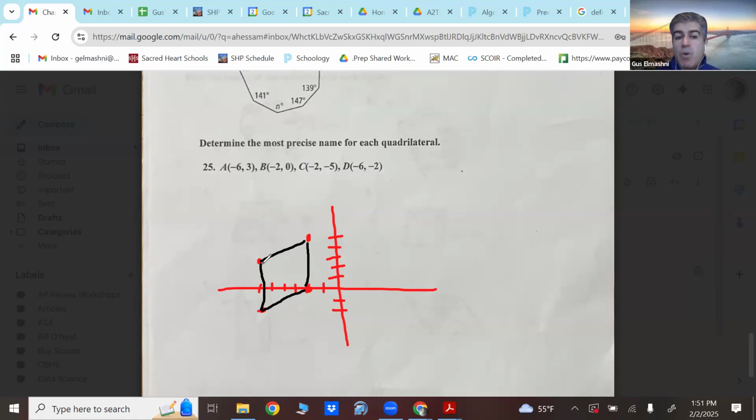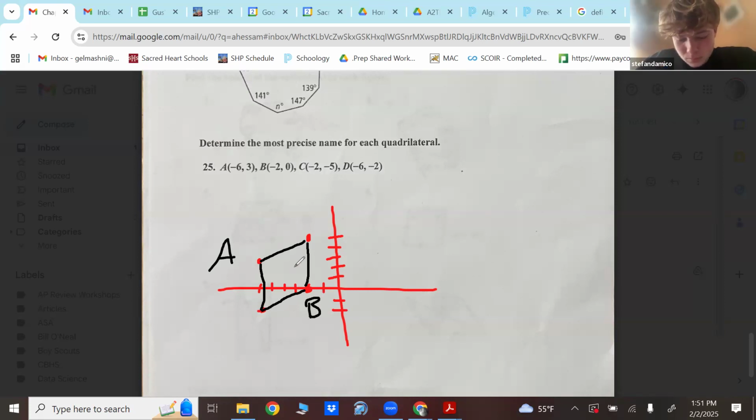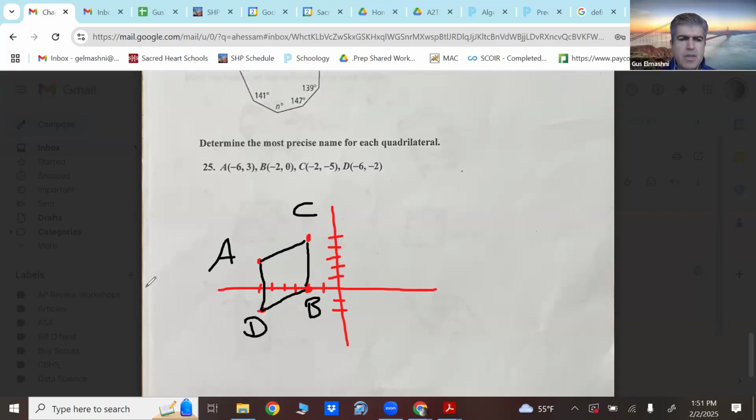Okay, so let's label A, B, C. That's 5 and 5.